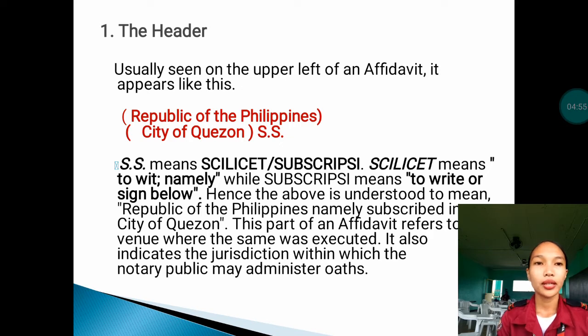Hence, the above is understood to mean Republic of the Philippines, namely, subscribed in City of Quezon. This part of an affidavit refers to the venue where the same was executed. It also indicates the jurisdiction within which the notary public may administer oaths.